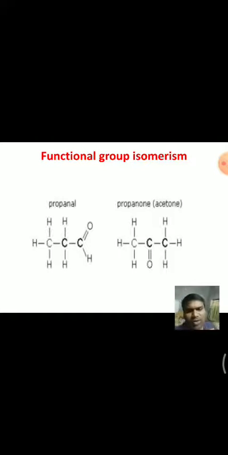And coming to one more example, see here, the first one is propanol and the second one is propanone.